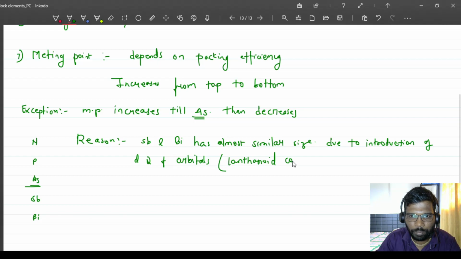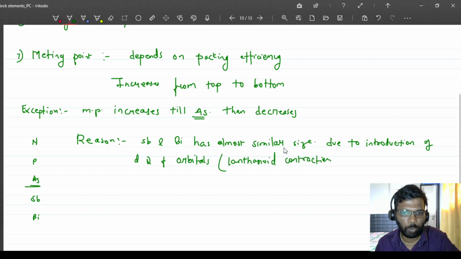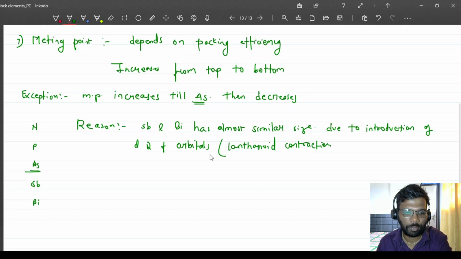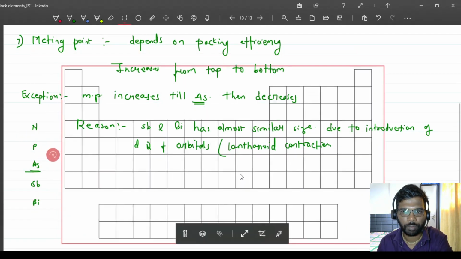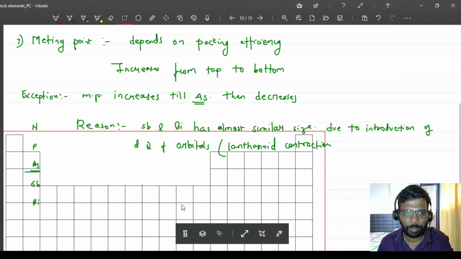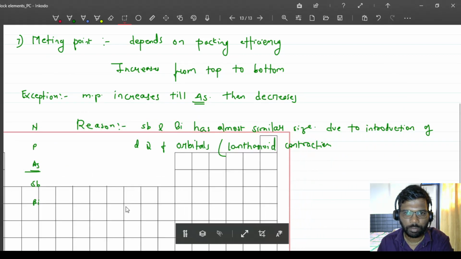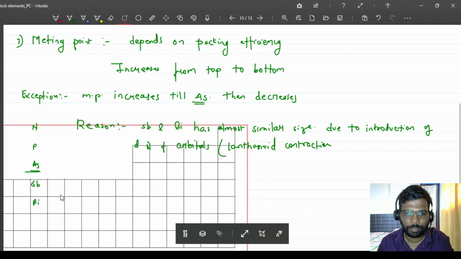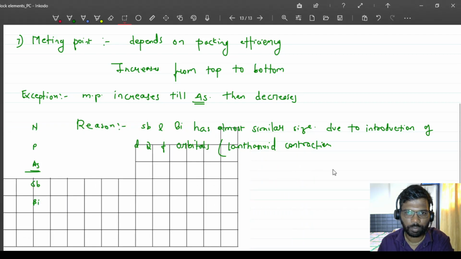Lanthanide contraction means if you see the position of these two elements, I've just written it here.